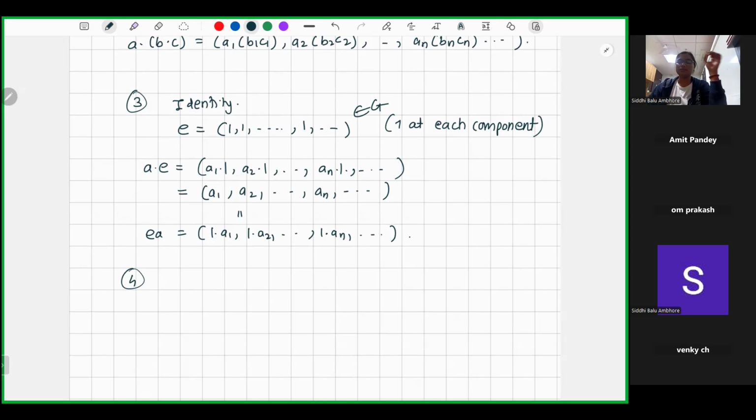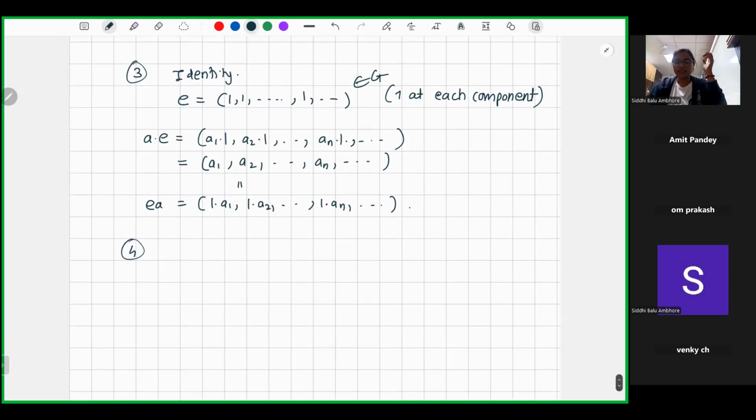And the fourth one is multiplicative inverse. So we are in R. For each A in G, A is A1 to AN and so on.